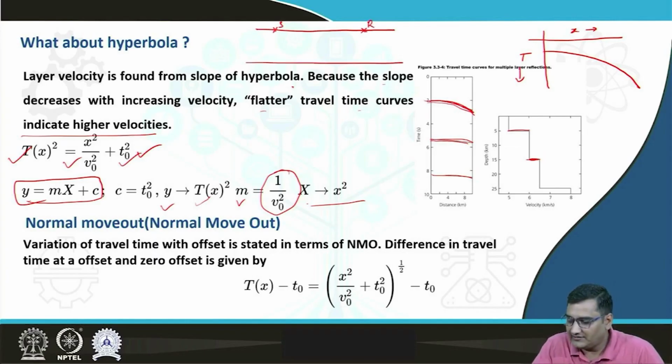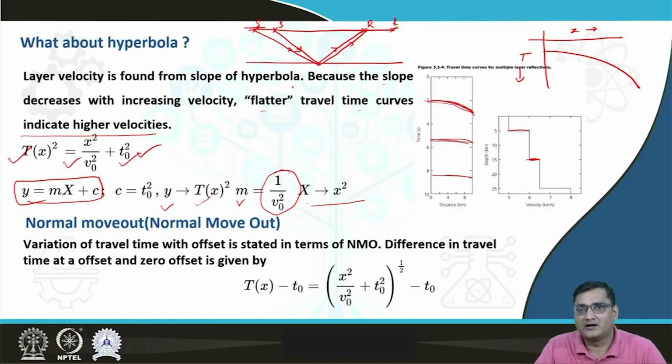First you excite the source, and the ray will go down, reflect back from the reflector, and then be recorded at the receiver. Now, if you increase the distance between the source and the receiver, or keep the distance variable at several points, it may be something like this. Because it is traveling a longer path in the layer, it will be recorded later.